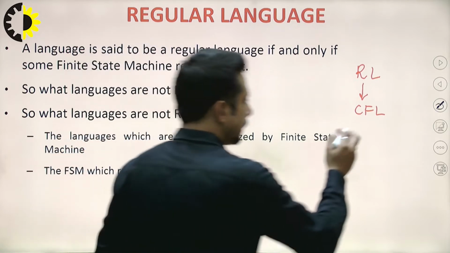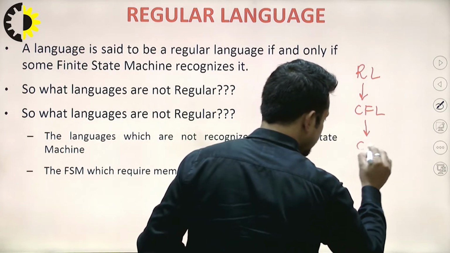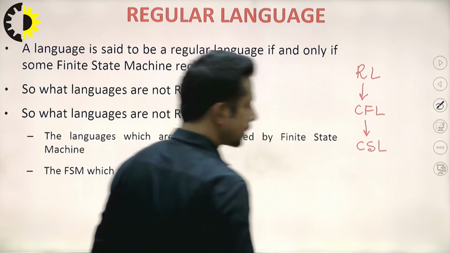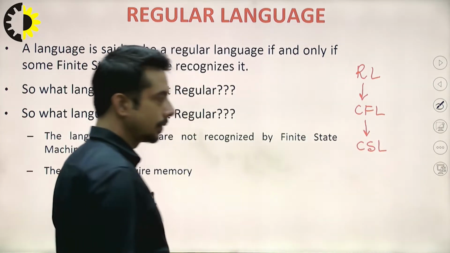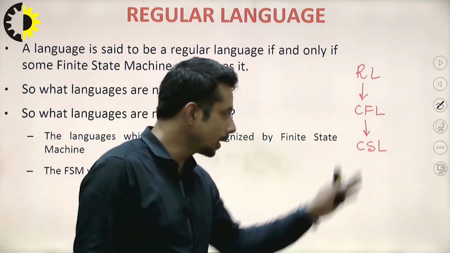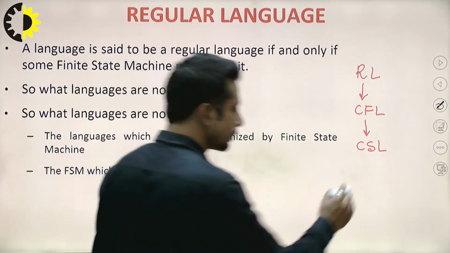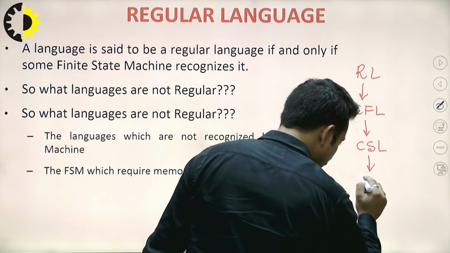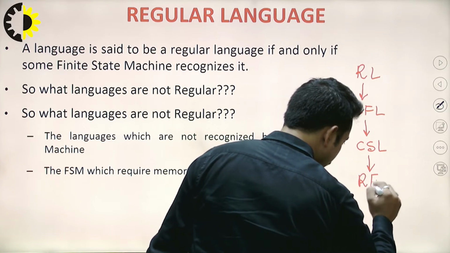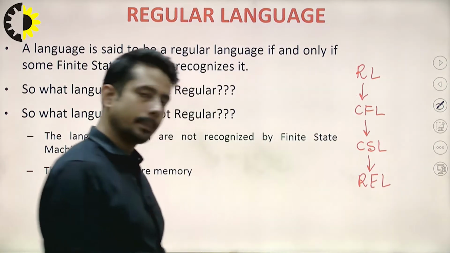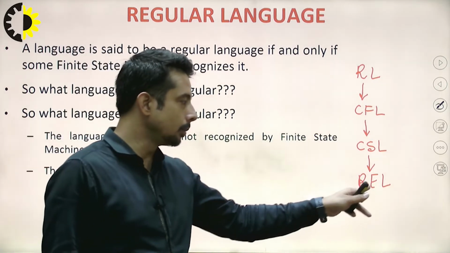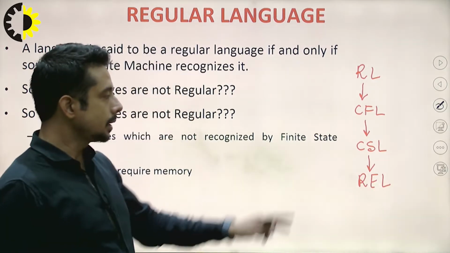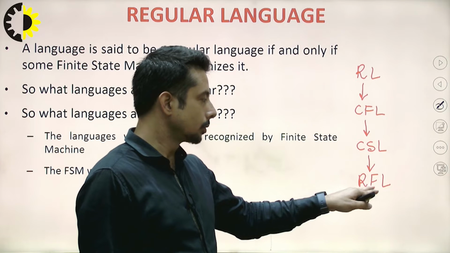Thereafter, we have context sensitive language. There are some issues in context free language, for which we have context sensitive language. And finally, the most powerful language is the recursively enumerable language, or recursive language. This is the highest and most powerful one.